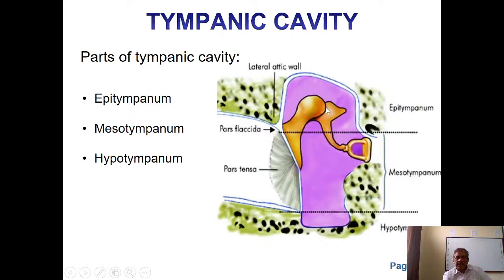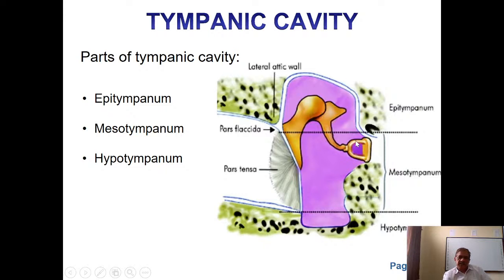That is the malleus. The incus has got a body which is present in the epitympanum, and even the head of the malleus is in the epitympanum. Then it has got a short process and a long process. The long process bends medially, that is called the lenticular process, which articulates with the head of the stapes.